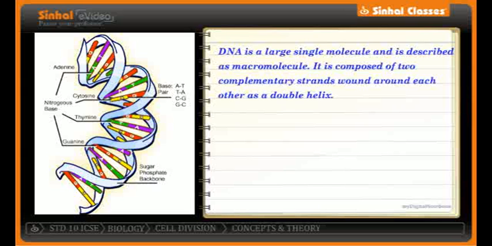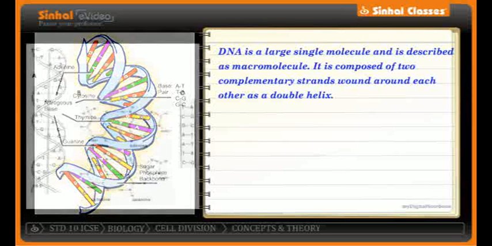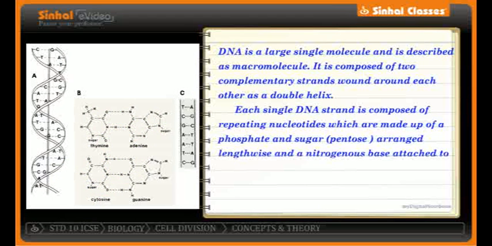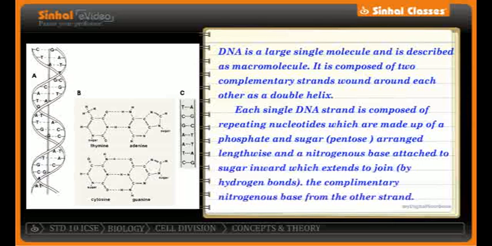It is composed of two complementary strands wound around each other to form a double helix. Each single strand of DNA is made up of repeating nucleotides, which are made up of phosphate and sugar. The sugar is a pentose sugar. Along the length, the nitrogen bases are attached to the pentose sugar on the inward side.